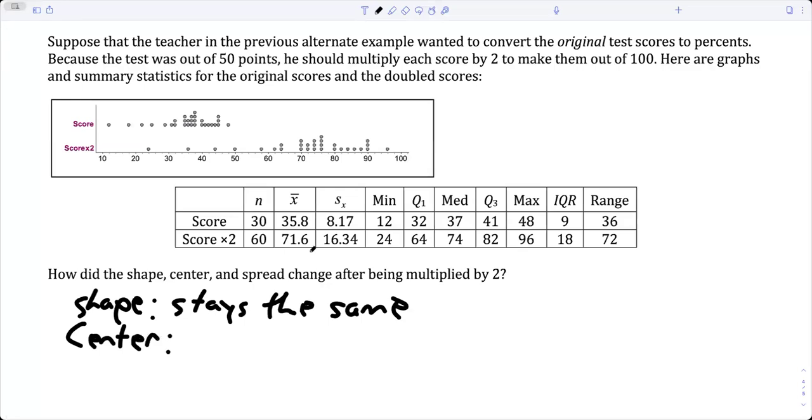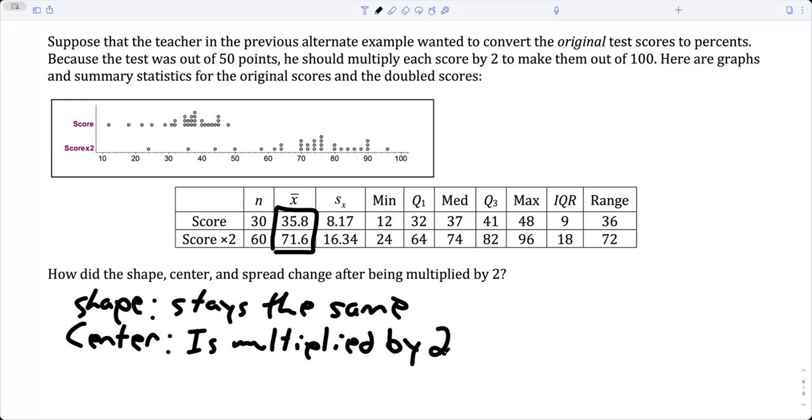All right, here's X bar. The original was 35.8. The new one is double that. So the center is multiplied by 2 for this one.